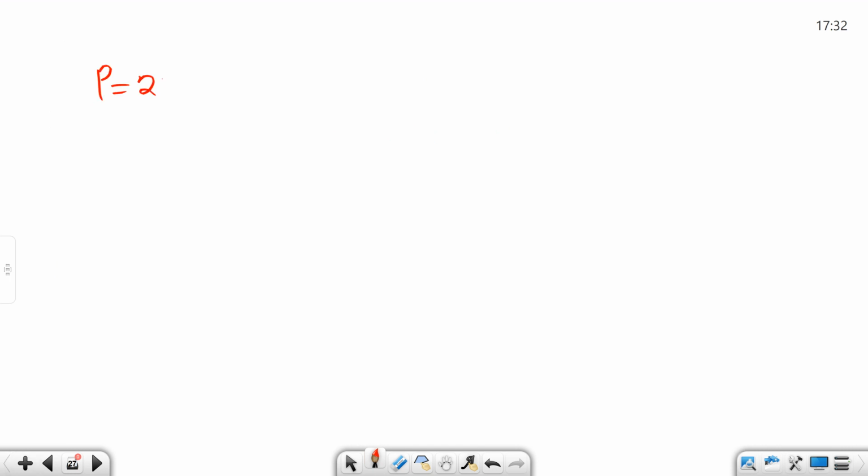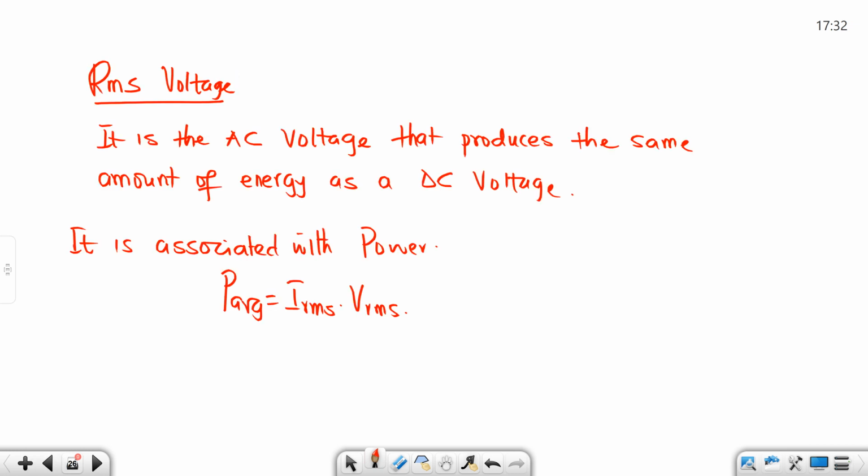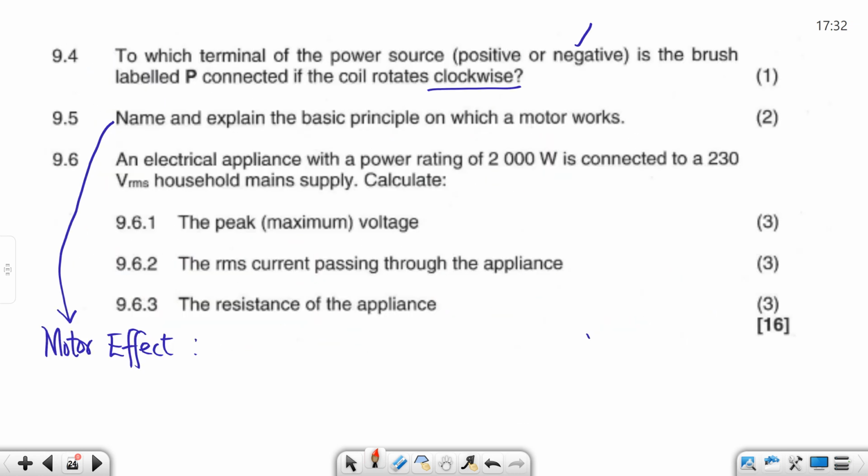Power is 2000 watts. Please write down all the info for me. Connected to 230 volts RMS. Do you see what I just told you? Power is always associated with RMS. So do we have our VRMS? 230 volts. Please write that information down.